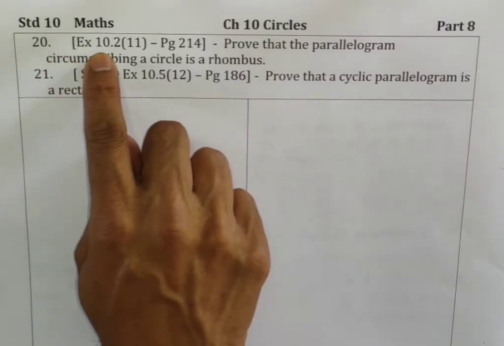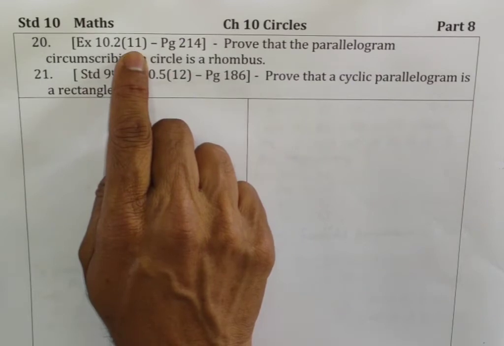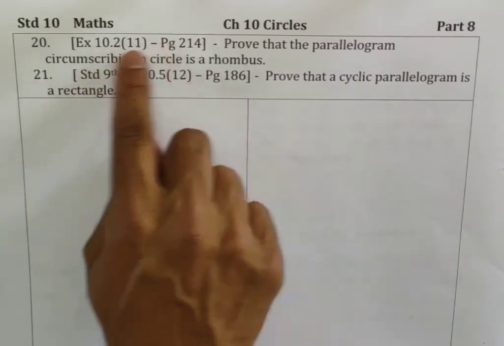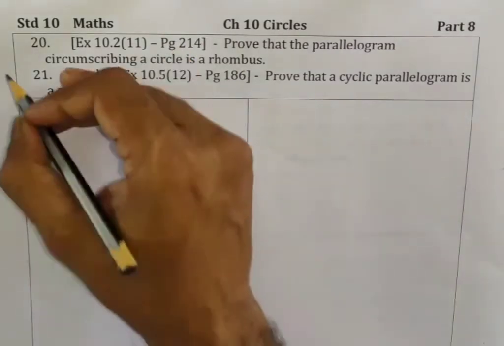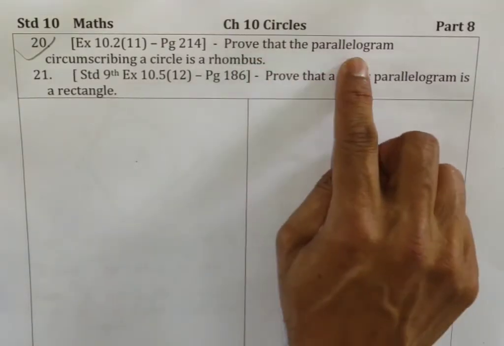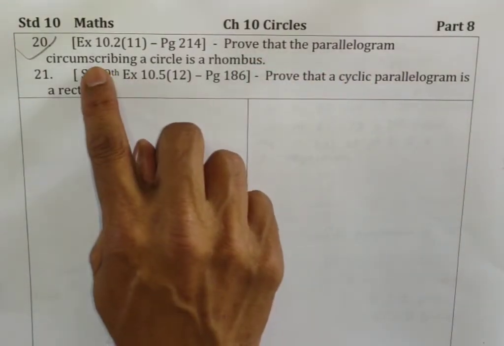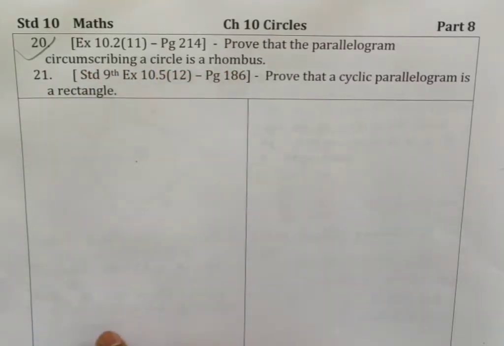It is from exercise 10.2 and the 11th sum of standard 10, page number 214. So this 20 also you have to copy in your book. Is that clear? Prove that a parallelogram circumscribing a circle is a rhombus.